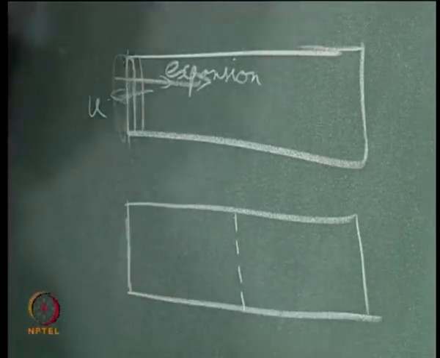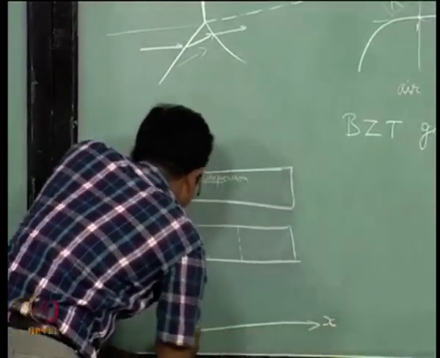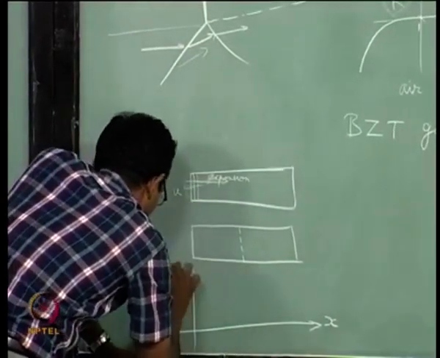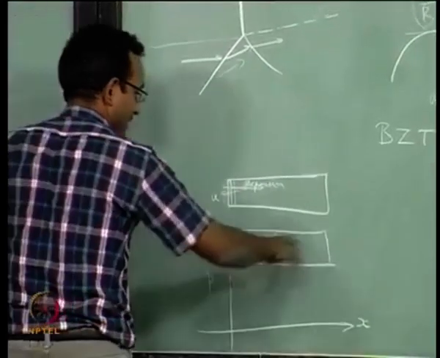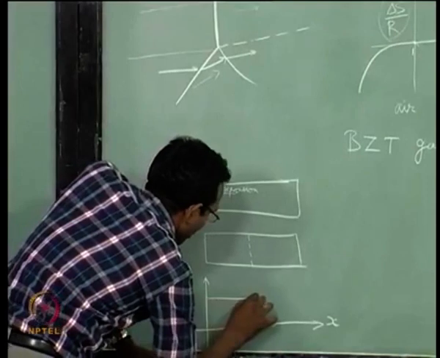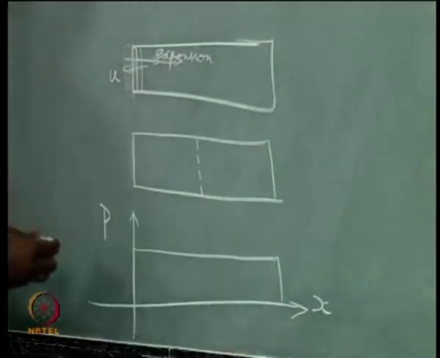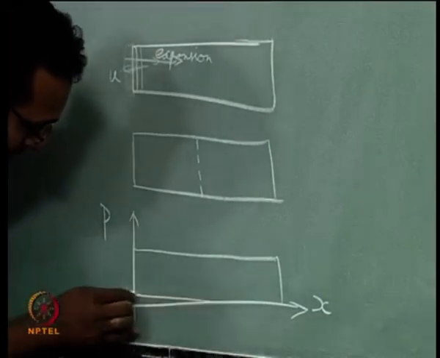If I draw, let us say this is my location and this is my pressure. If I plot along inside this box, then initially at time t equal to 0 it was all constant pressure. Pardon my axis, it should be all straight.